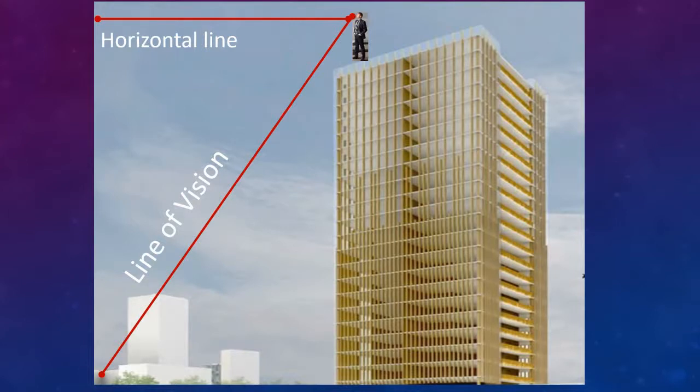When a person is looking down, the angle that forms between the horizontal line and the line of vision is called the angle of depression. So the angle of depression is the angle that forms when an observer is looking below the horizontal line.